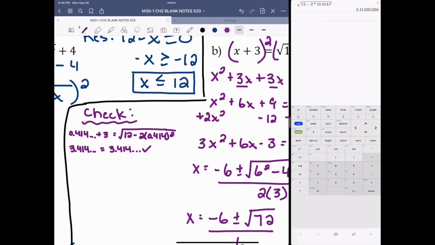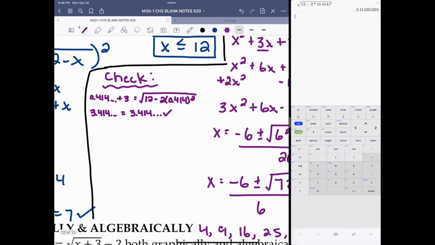Our next solution was negative 2.414. Negative 2.414 plus 3 equals square root of 12 minus 2 times negative 2.414 squared. Calculate the left side, negative 2.414 plus 3, 0.586.